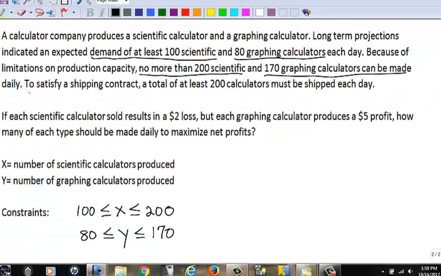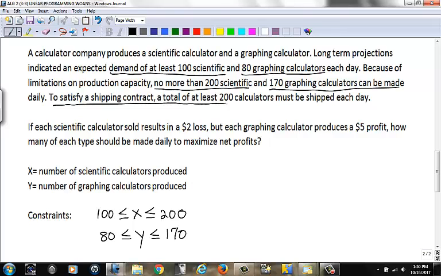Now, to satisfy a shipping contract, a total of at least 200 calculators. At least 200. So what's a constraint for just that sentence? To satisfy a shipping contract, a total of at least 200.